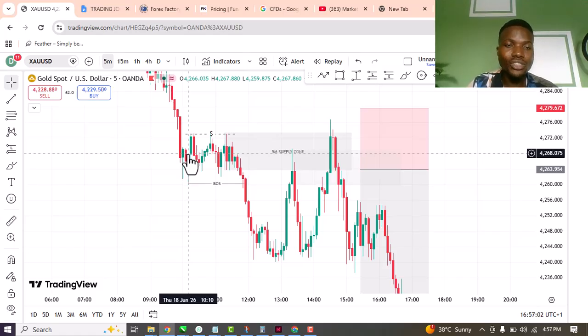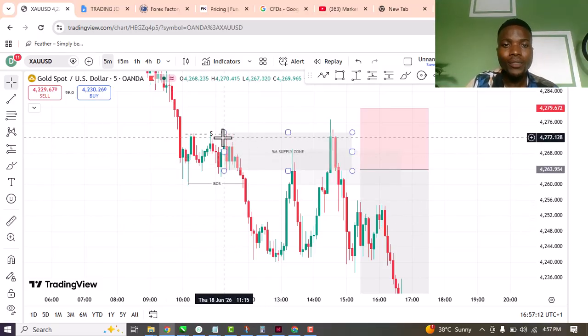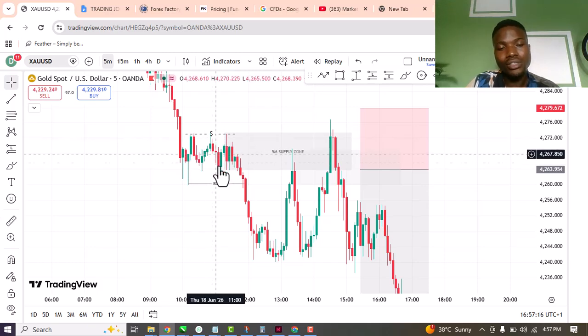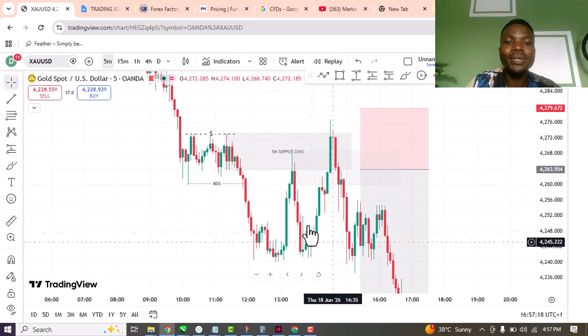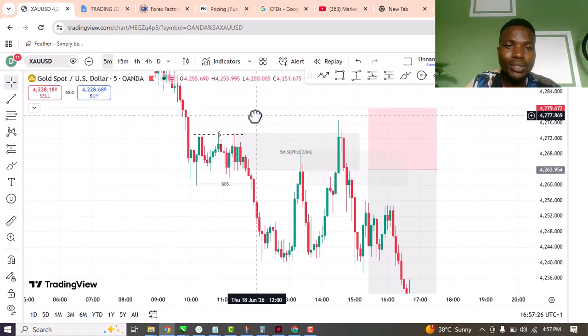But one thing is that you cannot trade support and resistance, because it is not a high probability trade. So I actually waited for price to break this consolidation zone. I was eagerly waiting for price to come and sweep all the liquidity above here.